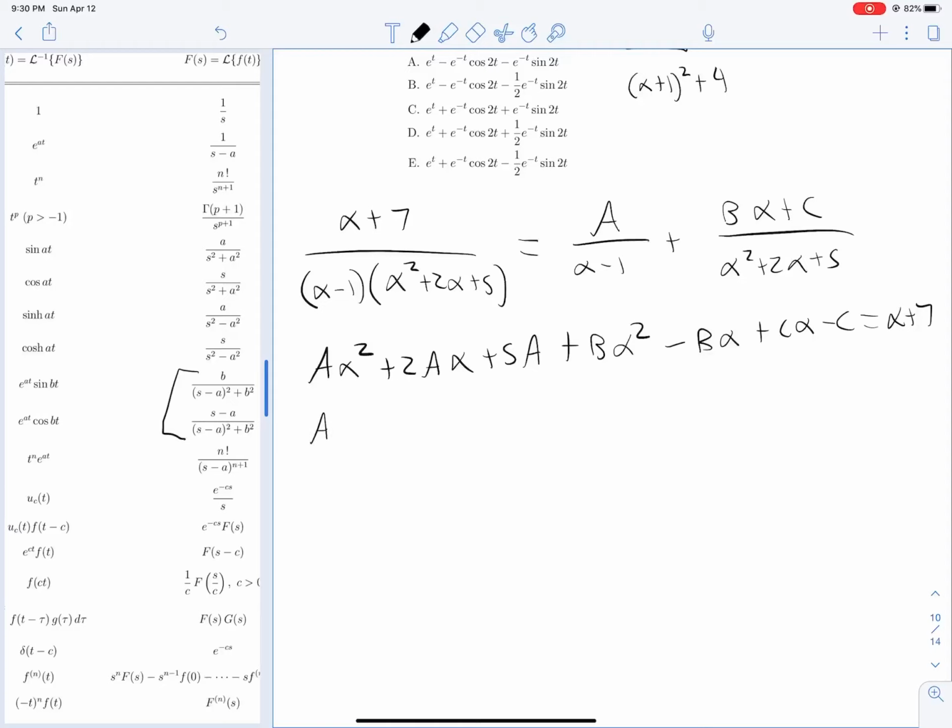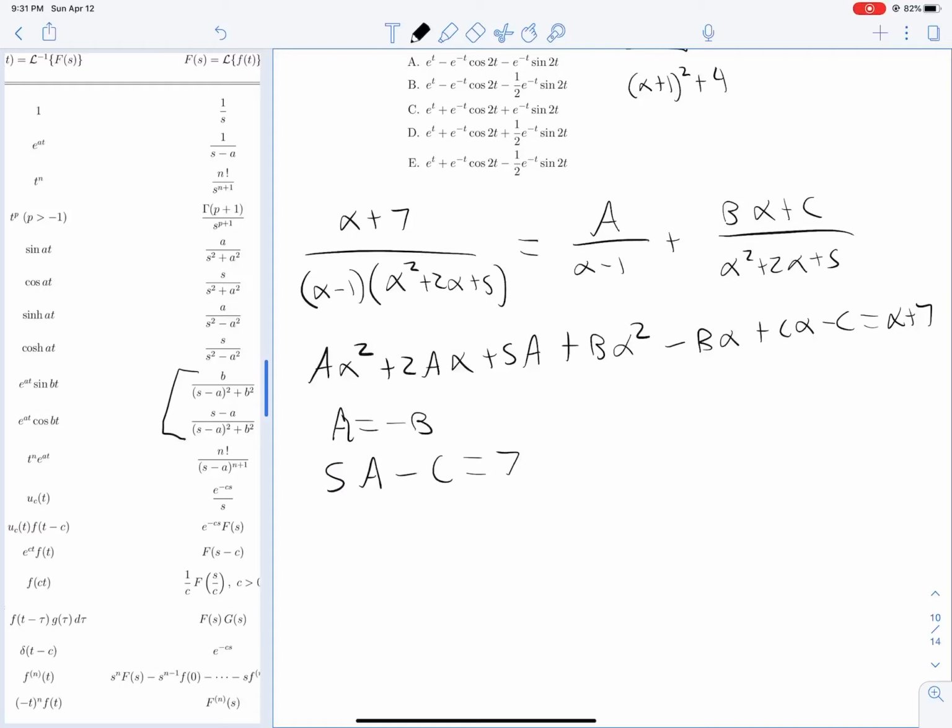So a alpha squared plus b alpha squared is equal to 0, so a is equal to -b. We can equate the constant terms also. That's 5a minus c is equal to 7.